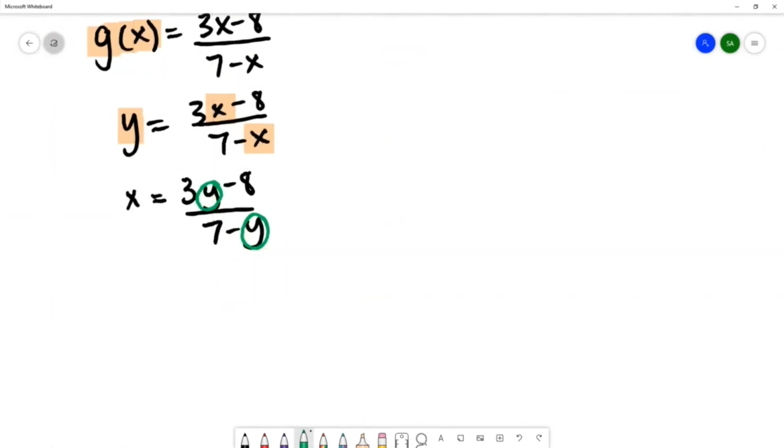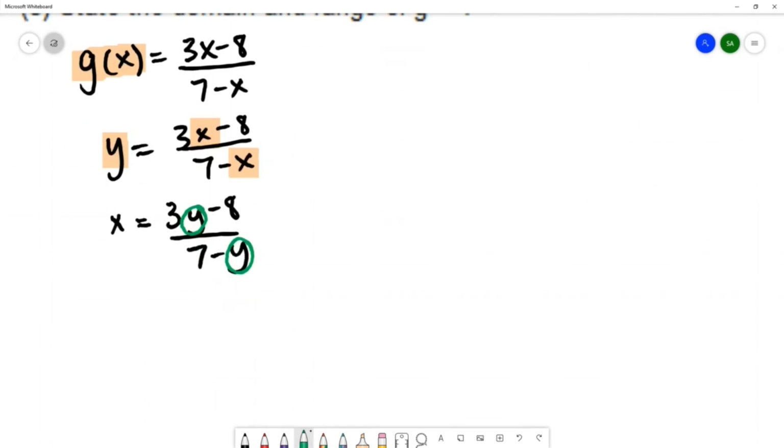This is looking a little bit messy at the moment because we have multiple y's in our equation and the y is in the denominator. First I'm going to address the y in the denominator by clearing fractions. We're going to multiply both sides by 7 minus y.